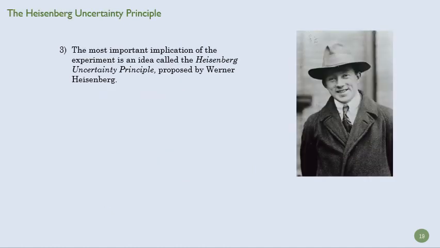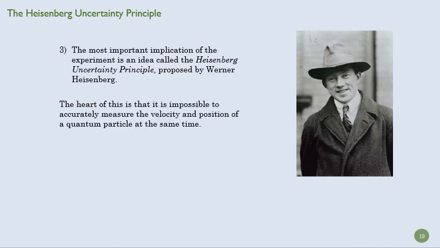The last implication is what is called the uncertainty principle, or the Heisenberg uncertainty principle, which, if you watched the drug dealing chemistry teacher who called himself Heisenberg, may sound familiar. So what is the Heisenberg uncertainty principle?